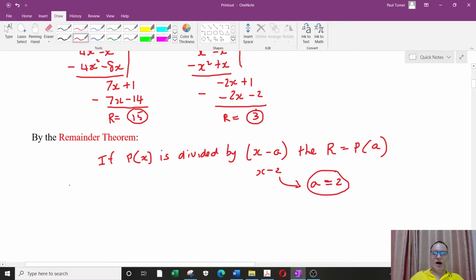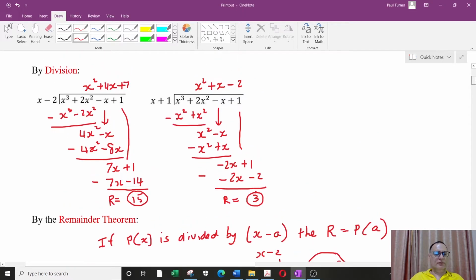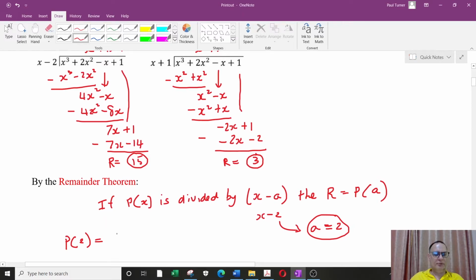So if we can find P(2), find the remainder. So let's put 2 into that polynomial. 2 cubed plus 2 times 2 squared minus 2 plus 1.